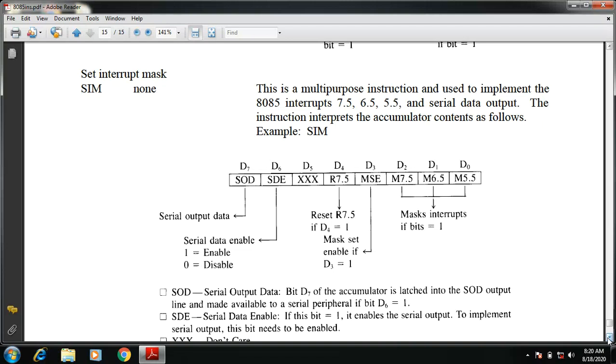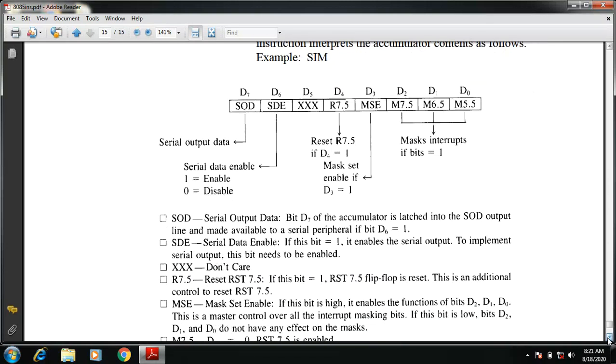Then XXX is don't care, and SDE is serial data enable, SOD is serial out data. There are two conditions: when D6 is 0, serial data is disabled, or when it is 1, serial data is enabled.